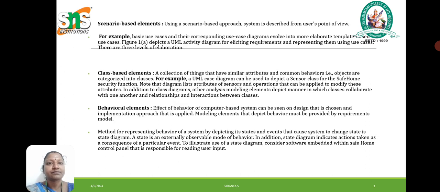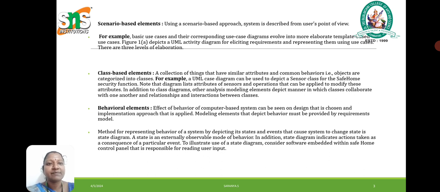Next, what are the elements we have in the requirements model? The first one is scenario based elements. Using a scenario based approach, the system is described from the user's point of view. That is mostly the user point of view, how the system will be described, and that comes under scenario based elements.